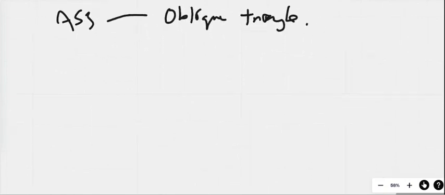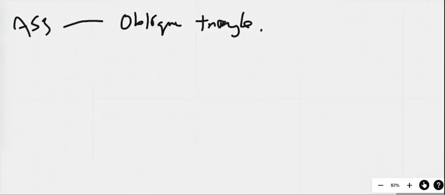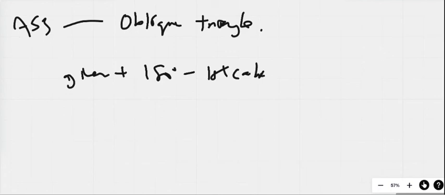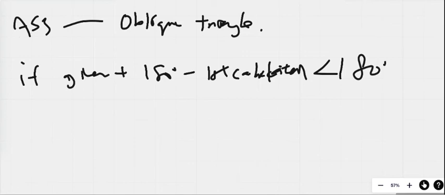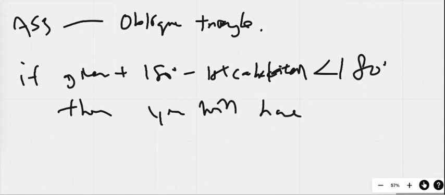However, you don't really need to care. You only need to test it after you get the first solution: the given angle plus 180 minus the first angle, you calculate it. If this number is less than 180, then you will have two sets of solutions.